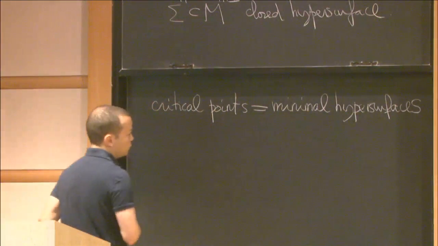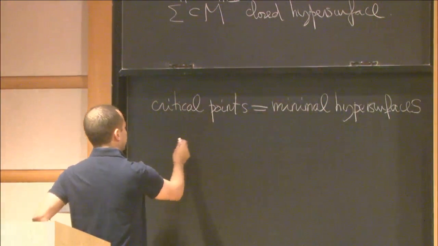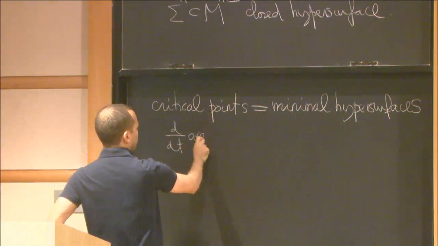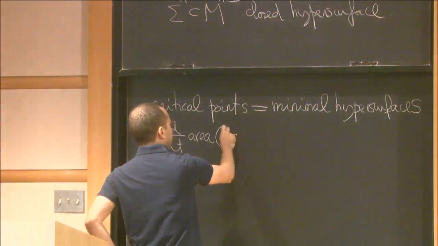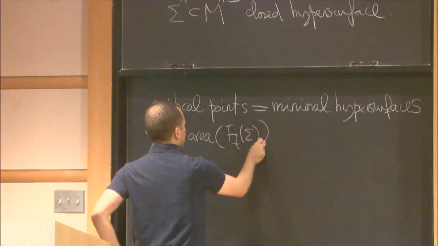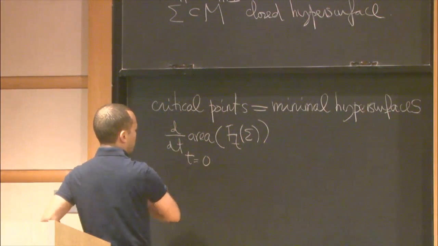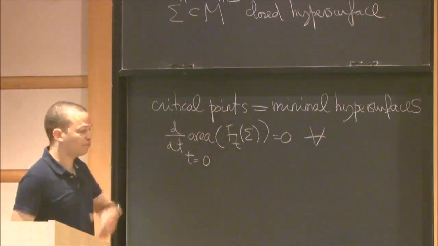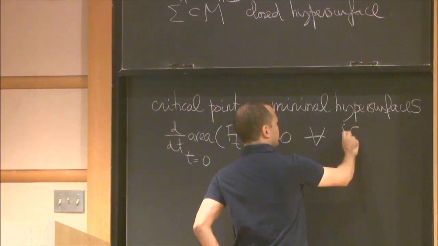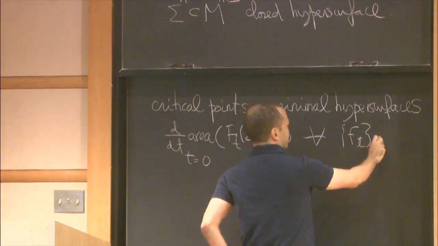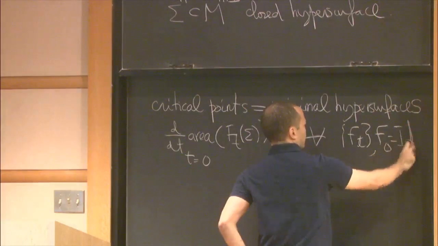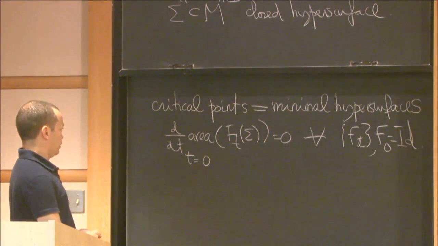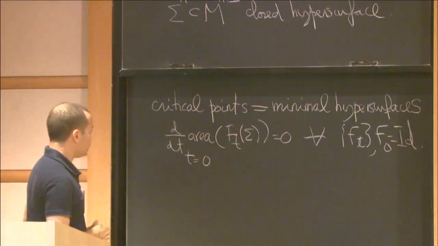But of course, the variational definition basically says that if I compute the first derivative of the area functional over some variation of my surface at t equals 0, this is 0 for any ambient deformation, so for any flow of diffeomorphisms starting with the identity. So I would like to study these hypersurfaces from the variational point of view.